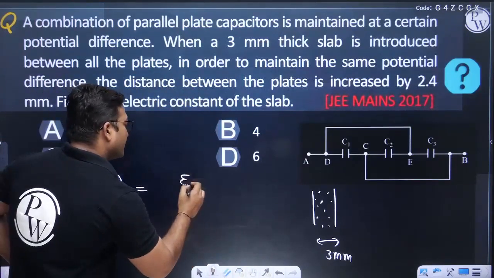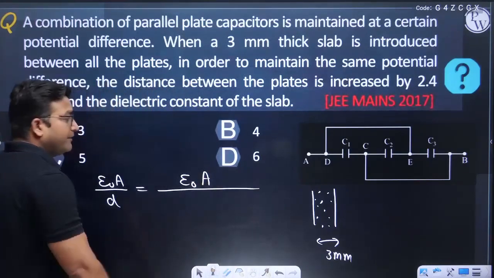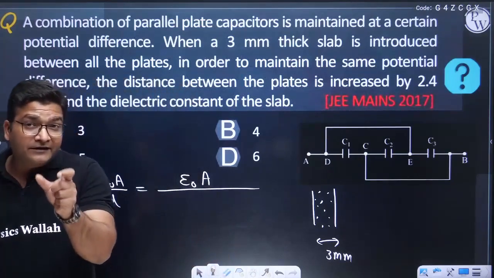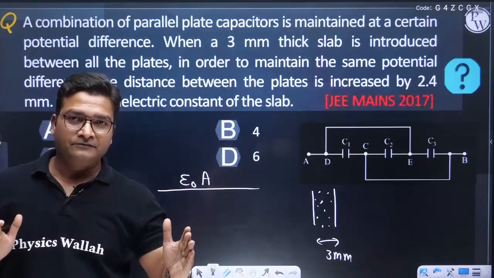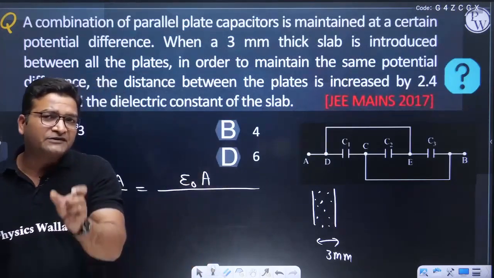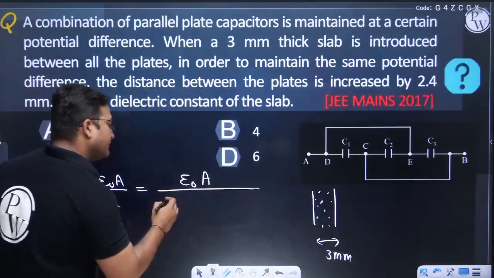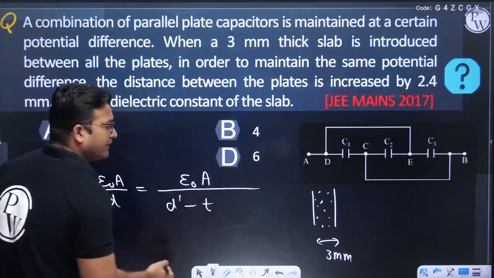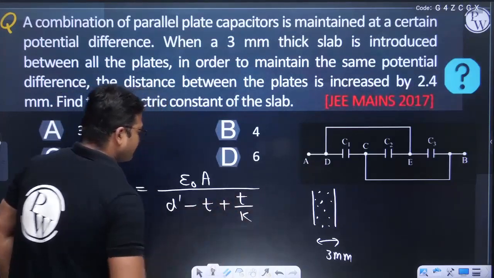So the new capacitance can be written as epsilon naught A divided by, as I have inserted a dielectric slab and then increased the width, the dielectric slab is not filling the entire space, and in that case the formula is the new width minus thickness of dielectric, plus thickness of dielectric divided by K.